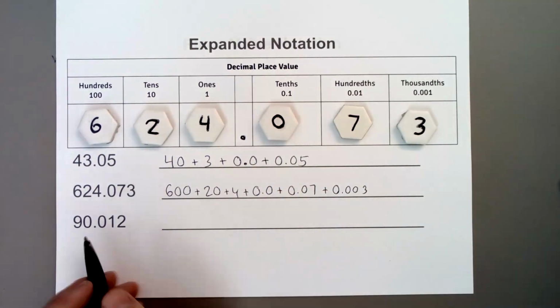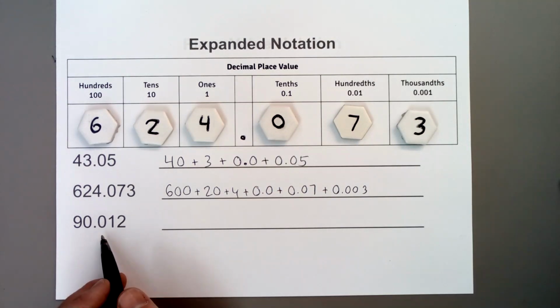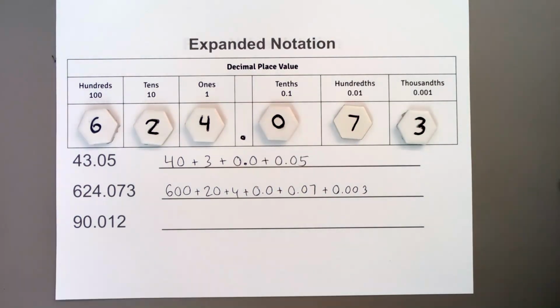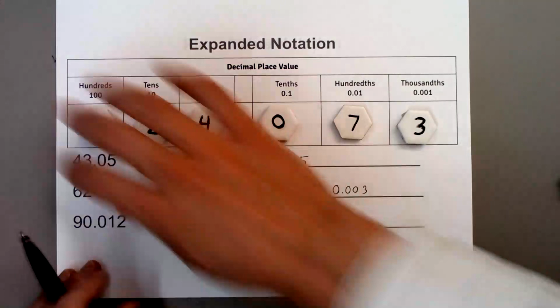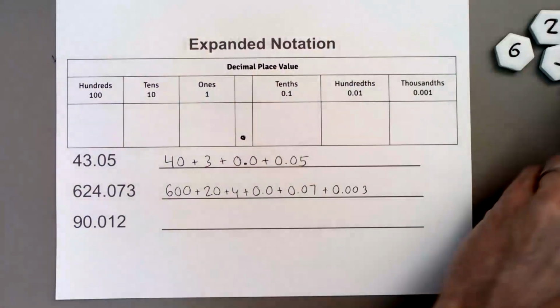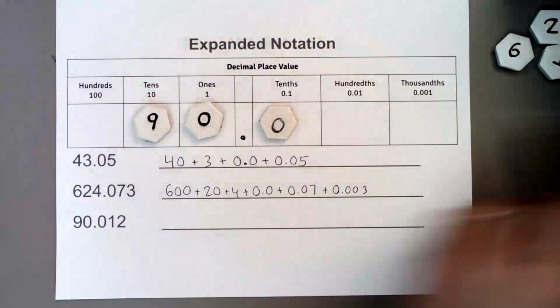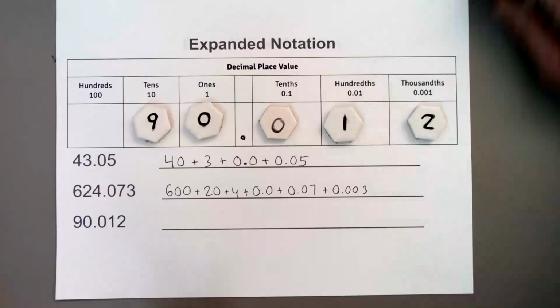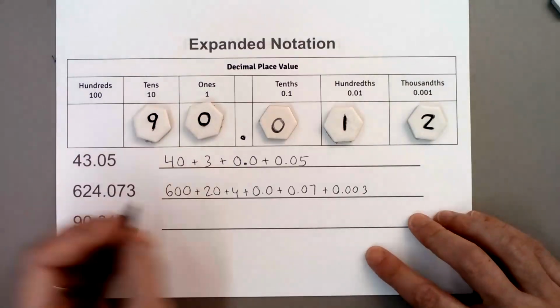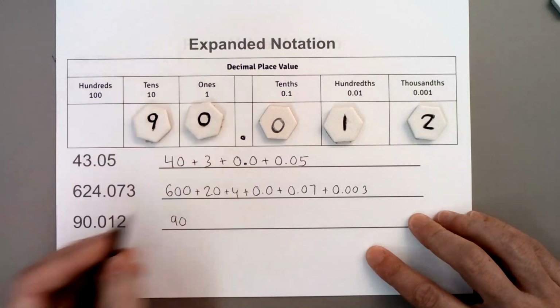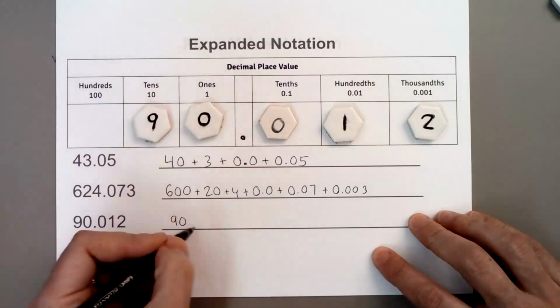Okay, now 90 and 12 thousandths. I'm going to need to recruit another 0 to help me out with this one. So I have a 9, a 0. Here's my second 0. Thank you. Second 0 and 12 thousandths. So the value of this 9 is 90. It's in the tens place. The value of that 0 is 0.